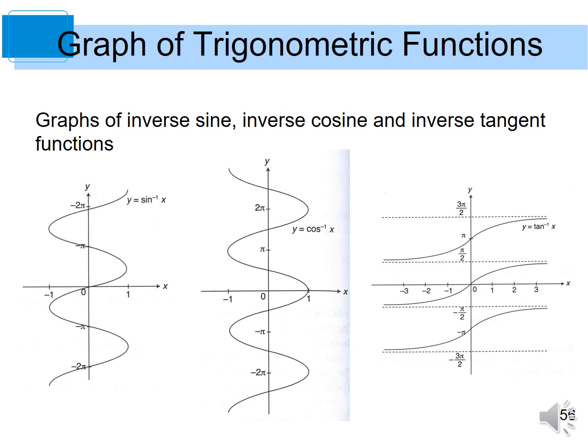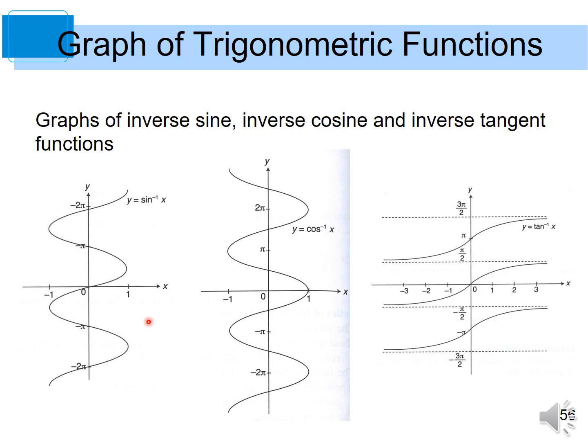We have inverse functions for sine, cosine, and tangent. You can call them inverse sine, inverse cosine, and inverse tangent, or arc sine, arc cosine, and arc tangent. One way to describe the inverse trigo is, for example, take the first graph, the arc sine, meaning that you rotate the original function by 90 degree.